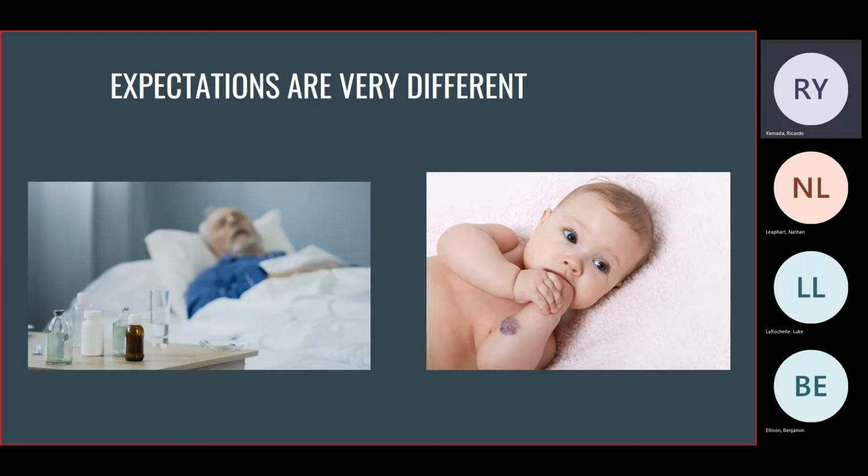Right? Another thing that I found to be very different from dealing with adults is the type of expectations you need to have when treating kids. In adult IR, we do a lot of patients that are in their final months or final days of life.